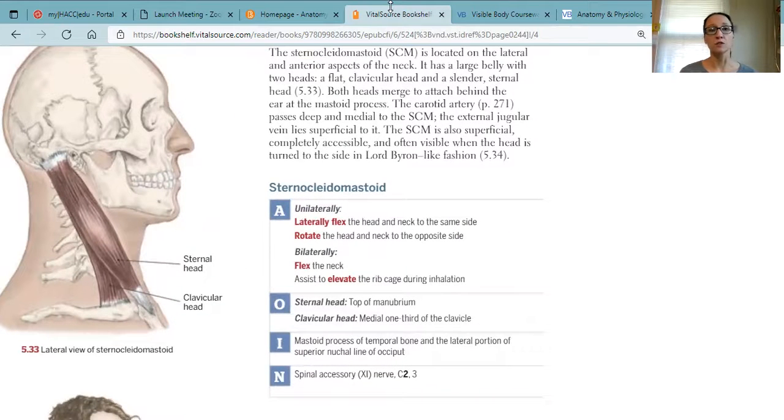Interesting fact about sternocleidomastoid, or SCM, as it is abbreviated. When you are forming in utero, the sternocleidomastoid and the trapezius are actually one whole muscle.